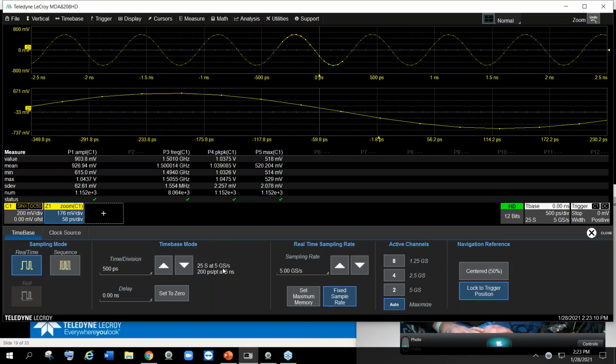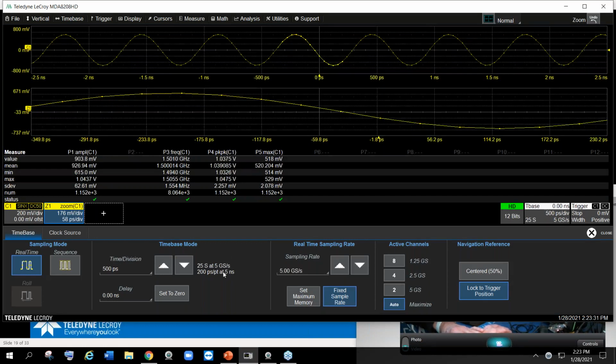We're sampling at 5 gigasamples per second. We're using, in this case, only 25 samples. And that means that 5 gigasamples per second, 200 picoseconds per point, and our total time window with 10 divisions is 5 nanoseconds.